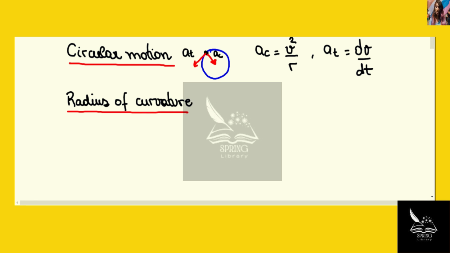And for the concept of radius of curvature, consider that we have a certain arbitrary curve, y of x, and we want to know the radius of curvature of this curve at a certain point, x0. What we should do?